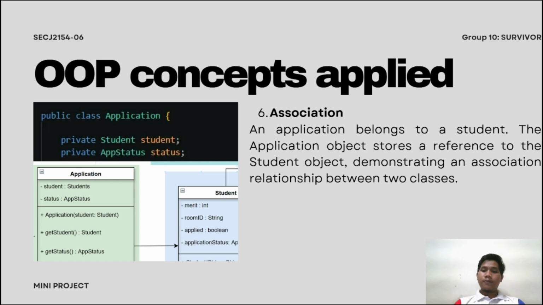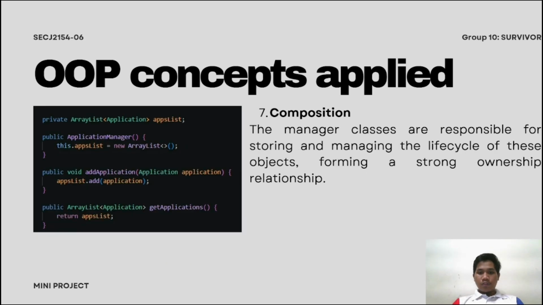The application object stores a reference to the student object, demonstrating an association relationship between two classes. As you can see here, the relationship between application and student.